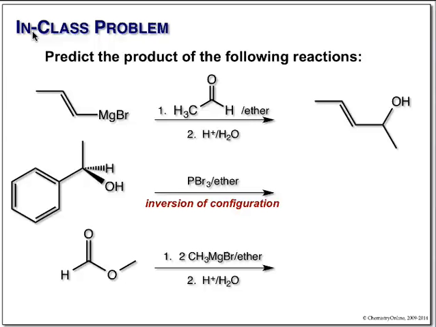So what we need to do is simply take our starting alcohol, convert the OH group to a bromine, and invert our configuration. What I've done is I've moved the hydrogen to the front, put the bromine in the back. That's a simple inversion. If you want, you could sit and do R and S on this.